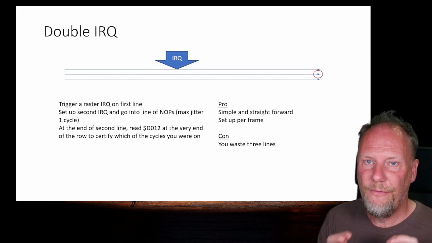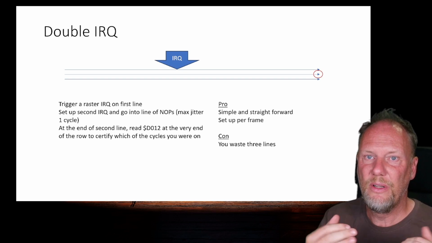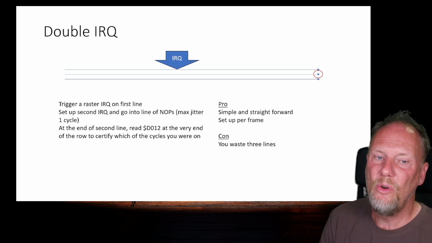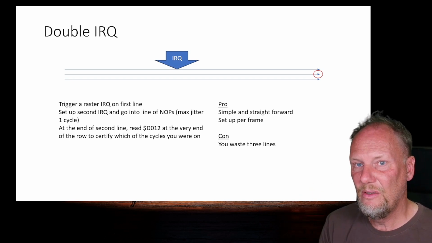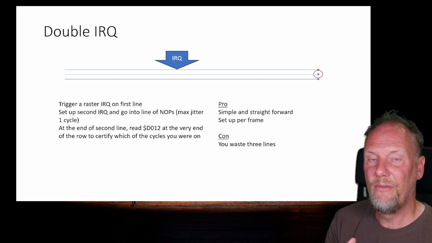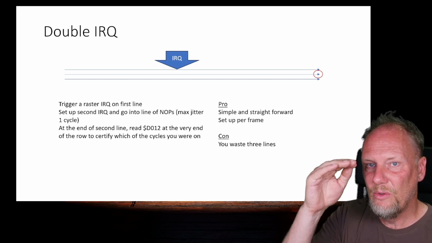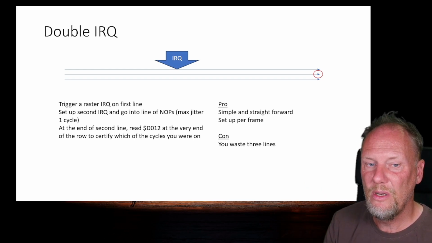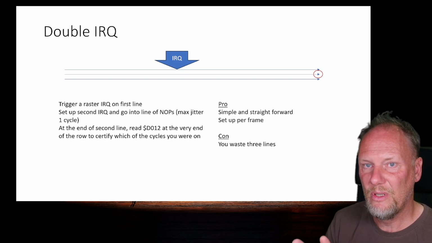And the first interrupt is triggered on one line, and then that one is setting up a second interrupt on the line after, and then it starts executing a number of NOPs. A NOP is the instruction for no operation. It takes 1 byte and 2 cycles.